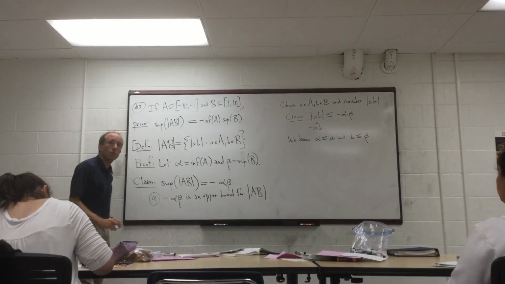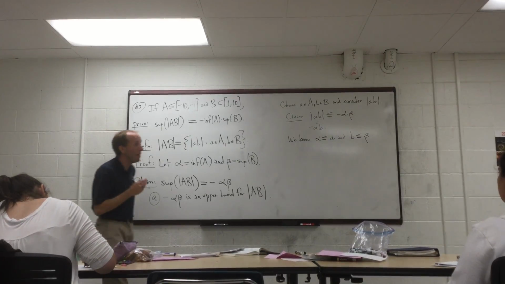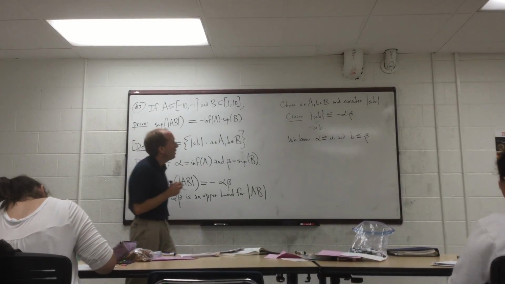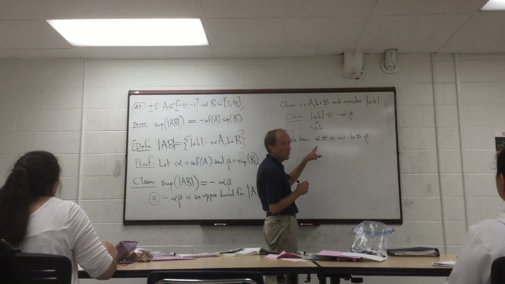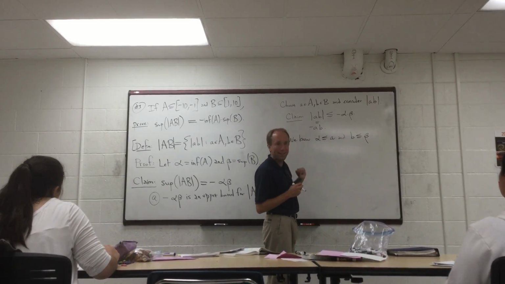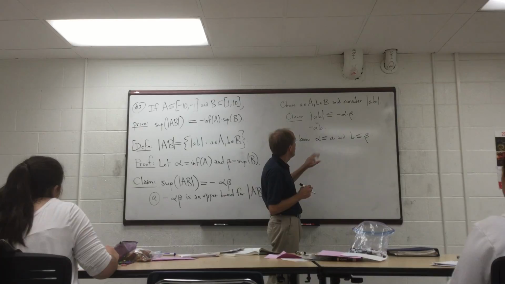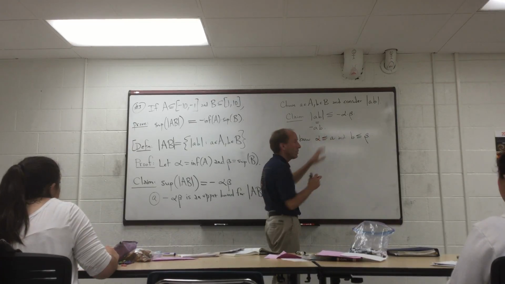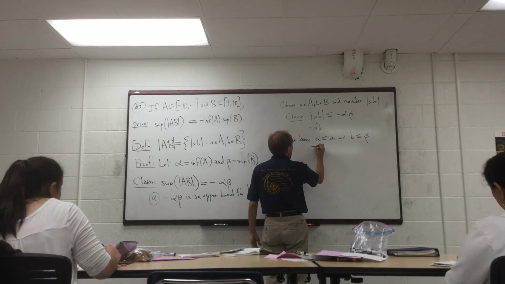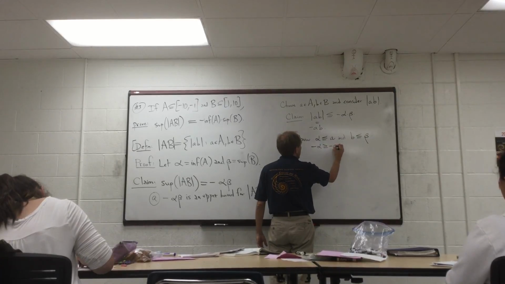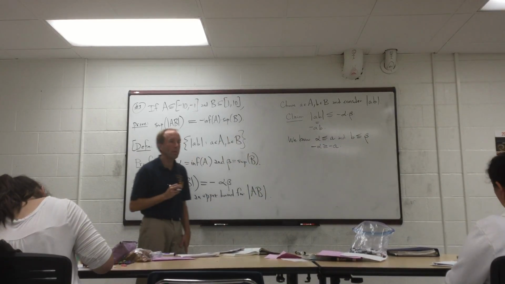Because beta is the supremum of the set, means it's an upper bound. Okay, good. So the only thing that's a little bit wrong here is we need to have a negative A, right? So what we can do is just take a negative sign through this. So this is just going to give me negative alpha is greater than or equal to negative A.